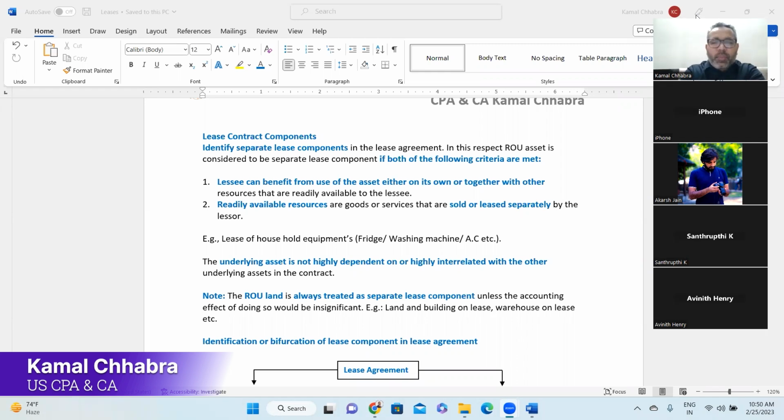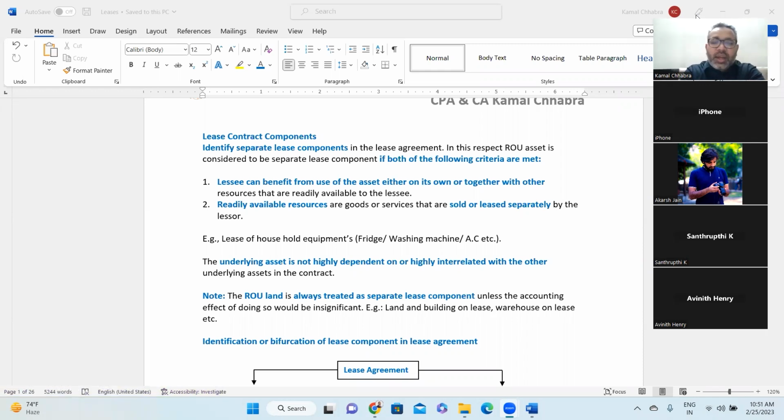If it is an operating lease, the lessor will still account for those items as their asset. How do they depreciate or amortize those assets? The life of assets is based on the category or classification of assets, and that is the reason it is very important.